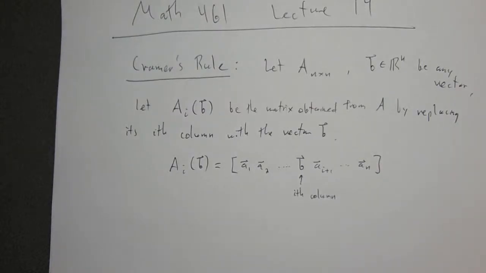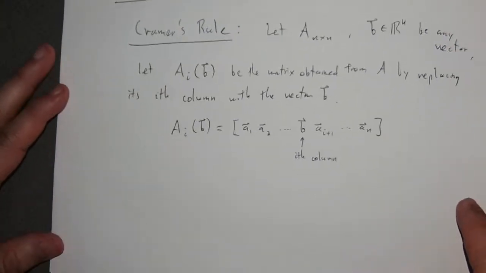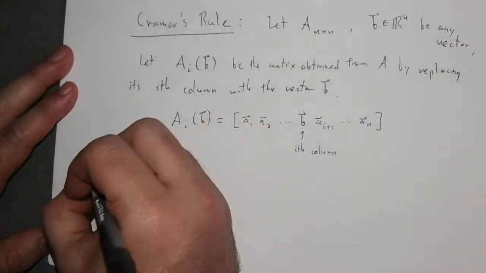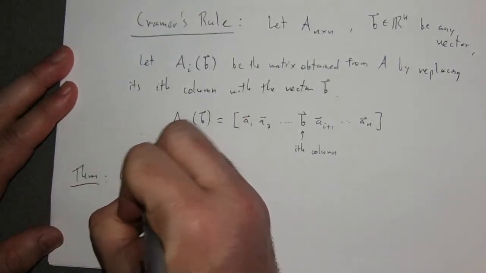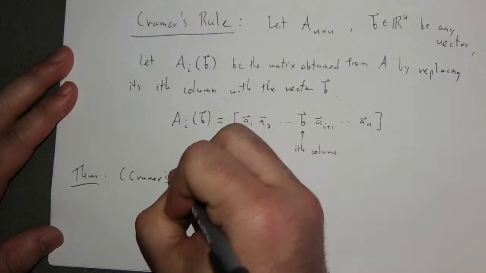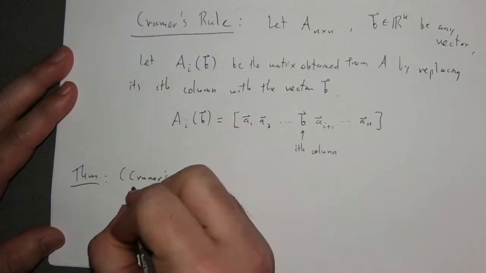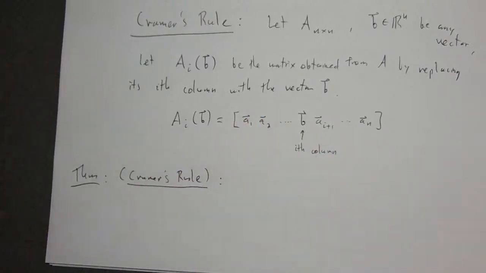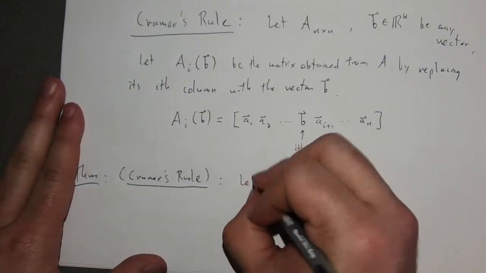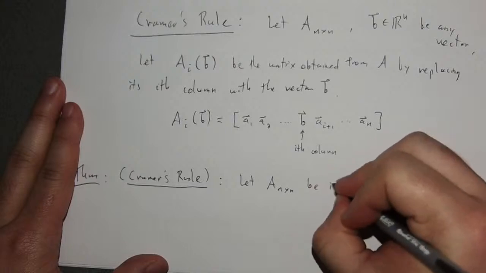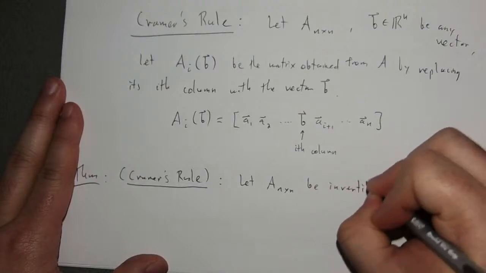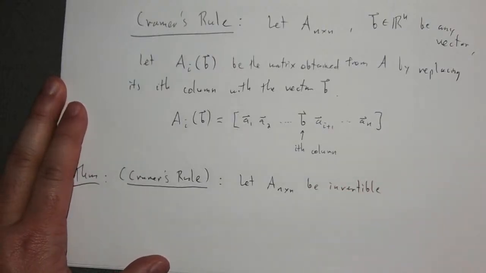Okay. So why am I defining this thing? I have the following theorem, which is called Cramer's rule, which gives us a funny way of solving linear systems using this quantity. Let A be an n by n matrix that is invertible.